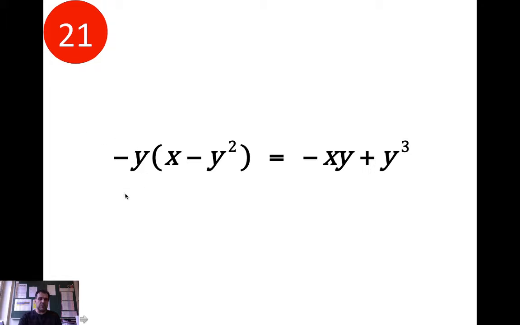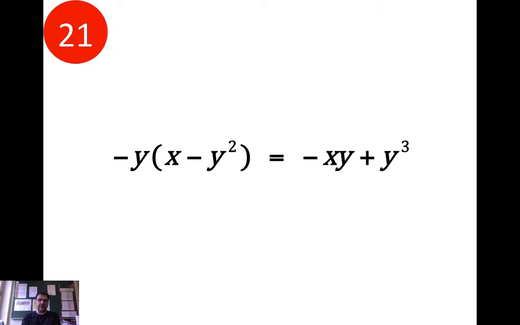So minus y times x is giving me minus yx, except I'll write that the other way around, minus xy, just to stick to the convention of writing things in alphabetical order. And then minus y times minus y squared gives us plus y cubed, because the minus times the minus makes it a plus.